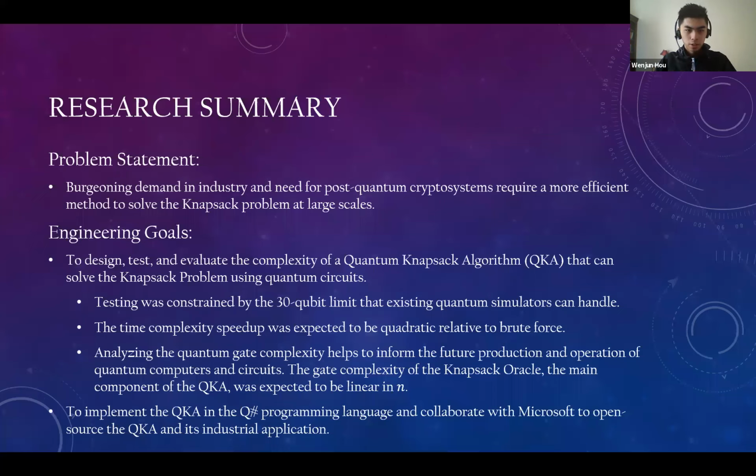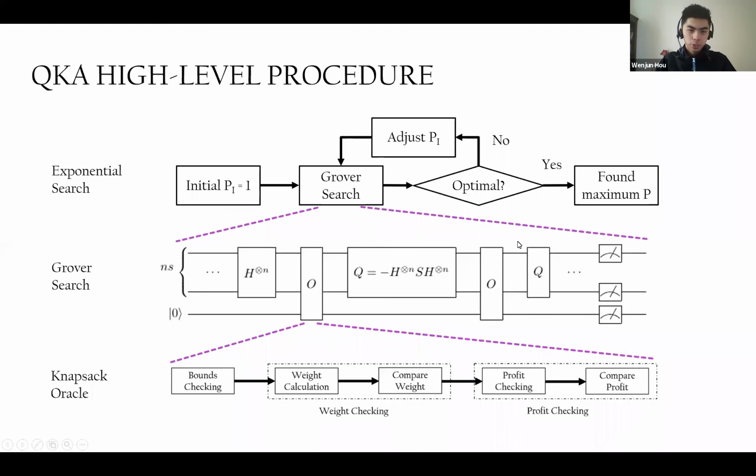All right. So the overall procedure is here. The middle part is Grover search, which I mentioned before. You can use Grover search to find solutions to a black box function.